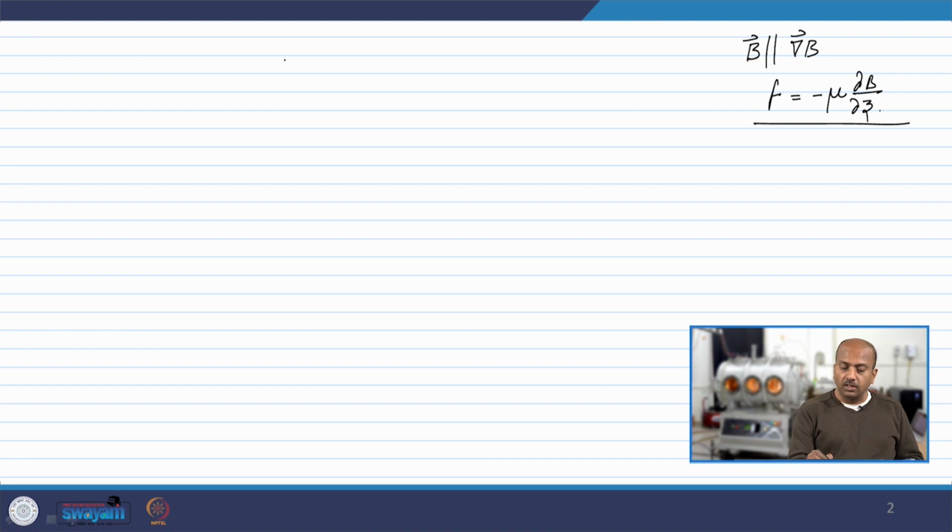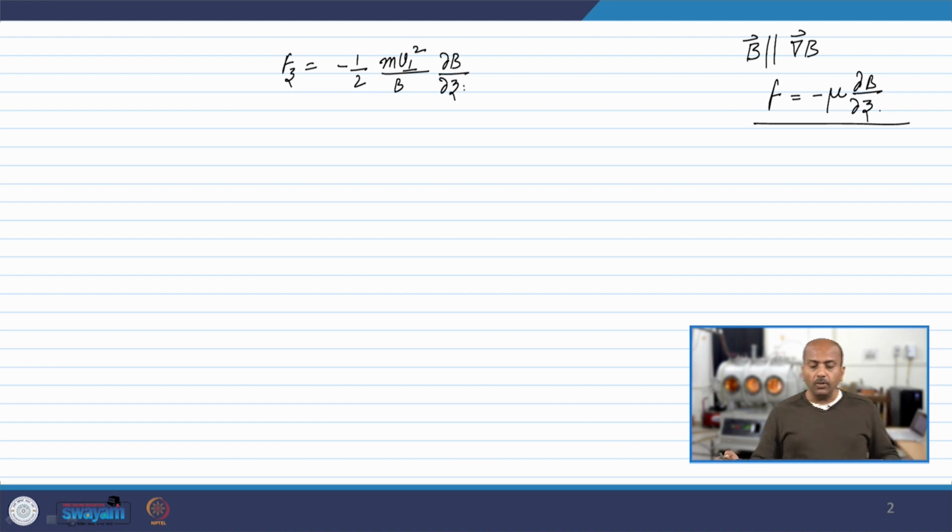So, the last expression that we have derived is Fz, the z component of the force, is minus half m v perpendicular square by B, dou B by dou z. So, dou B by dou z indicates the gradient in the magnetic field, since we know that the magnetic moment generated by an individual particle is m v perpendicular square by 2B, which is the perpendicular kinetic energy by the magnetic field.